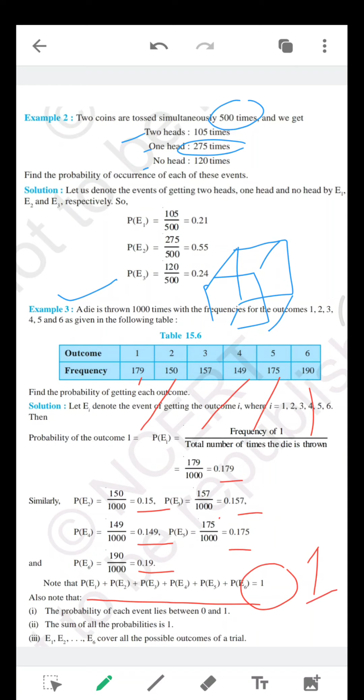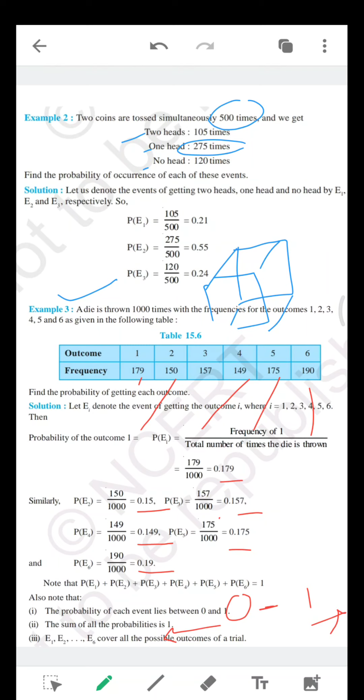You can see all the probabilities lie between 0 and 1. There is no probability which is more than 1 here, and probability cannot be less than 0. It will always lie between 0 and 1.